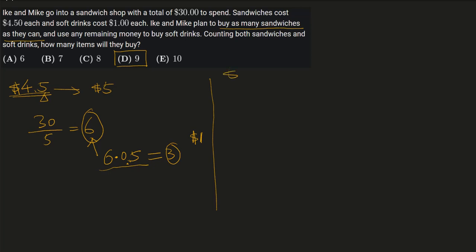Because you have a combo for 4.5 plus $1, that is $5.5, right? And then for $30, again, we can try to round this up to $6. In that scenario, for a $6 combo, you can buy 5 combos, right?